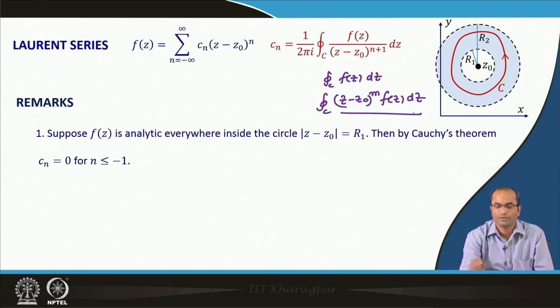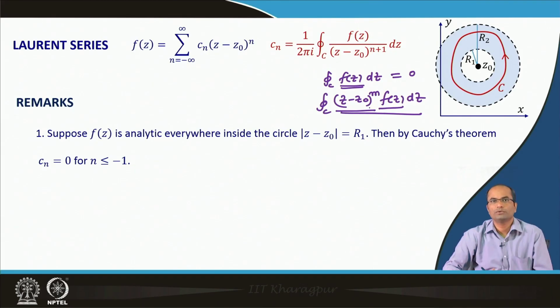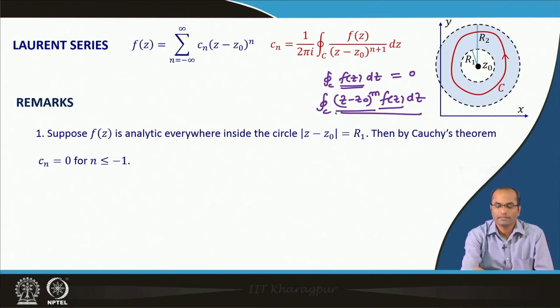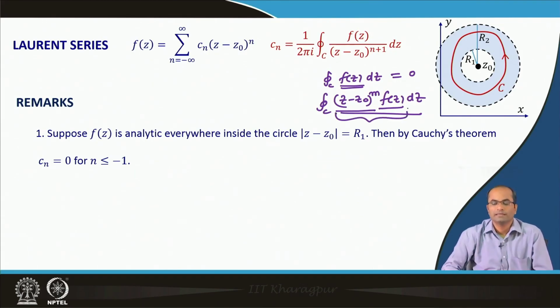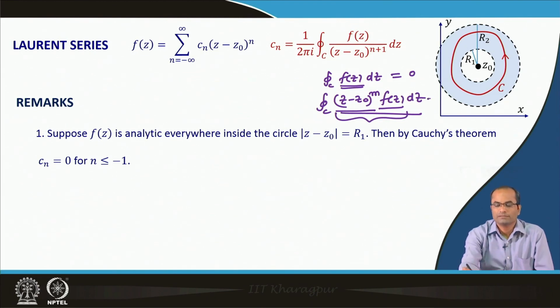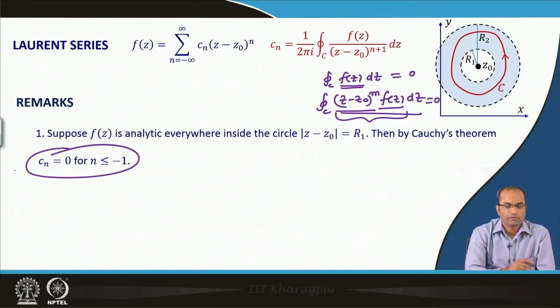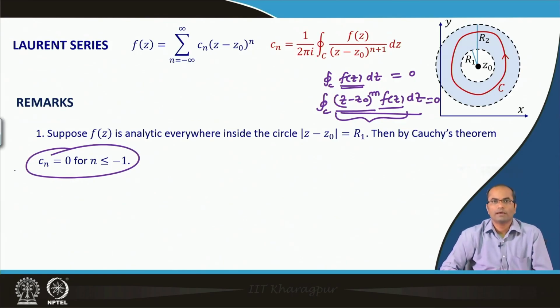In either case, since this f z is analytic and C is a closed curve, this is going to be 0, and again here, the same argument: f z is analytic and z minus z 0 to a positive power is analytic, so again this integrand is analytic and the Cauchy theorem says that this value will also be 0. So, all these C n's for n less than or equal to minus 1 will be 0.